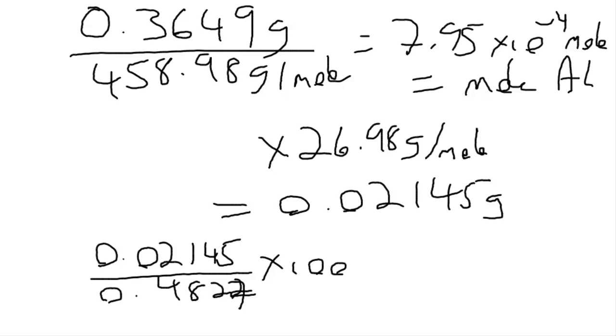So we'll do that quickly. 0.02145 divided by 0.4827, we end up with 4.44%. And we should specify that it's mass per mass, or weight per weight.